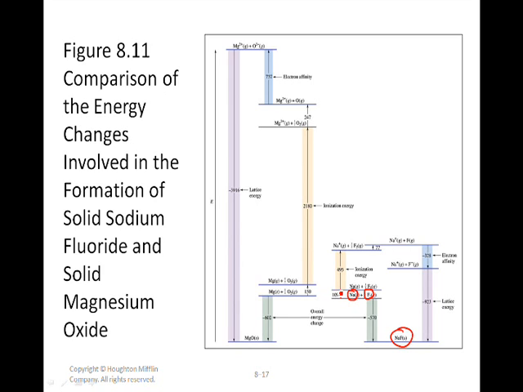The sodium has to be sublimated, the electron has to be removed from sodium, the fluorine bond has to be broken apart, the dissociation of the fluorine molecule, and then the electrons have to be added to fluorine to make a fluoride ion, and then the ions have to move together, and those last two processes are exothermic, and so we end up having an overall exothermic enthalpy for this reaction.